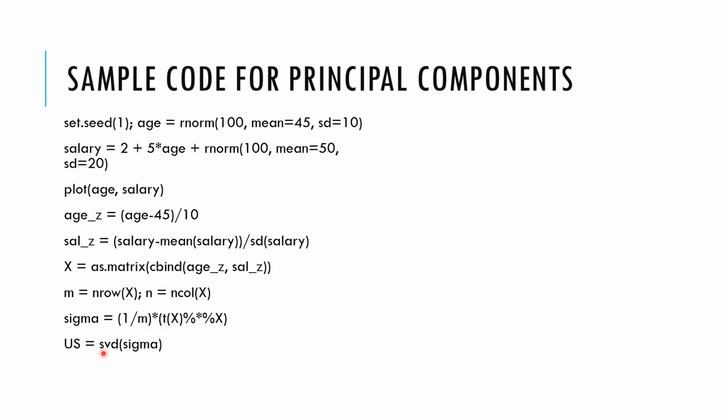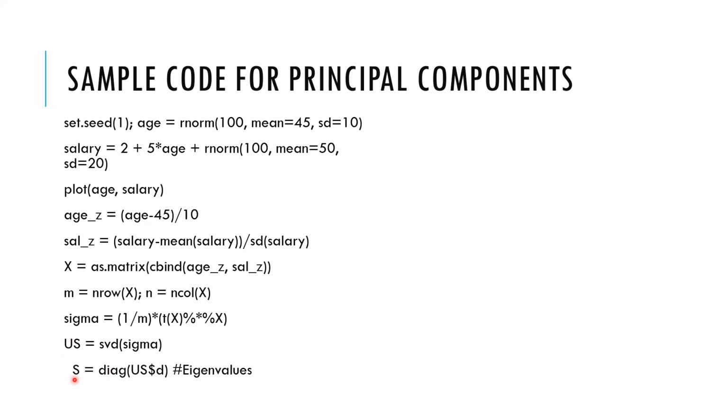So there's a function called svd in R, which will calculate eigenvectors and eigenvalues for you. So you don't need to do a mathematical calculation. You just use this svd function. Inside you put this covariance matrix, and it will give you this particular variable.